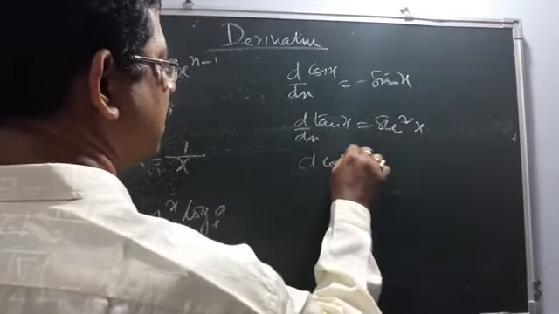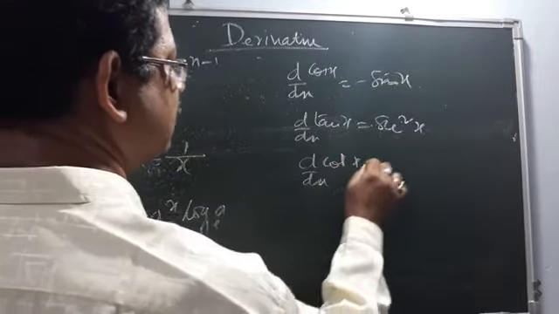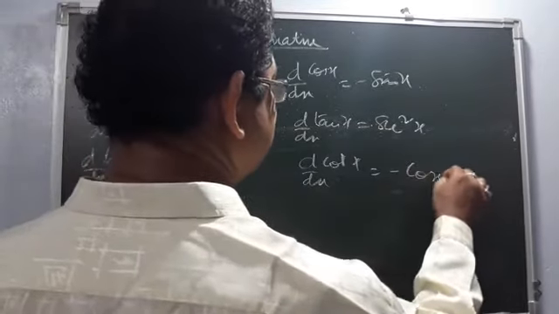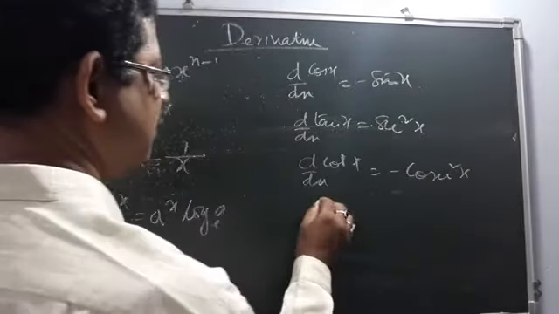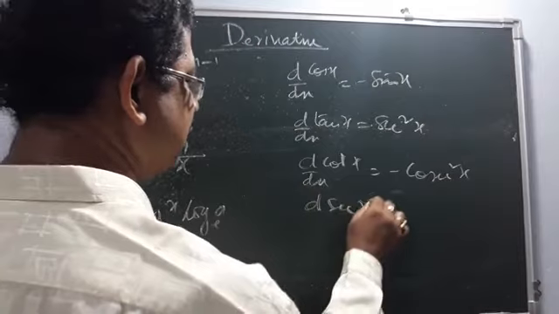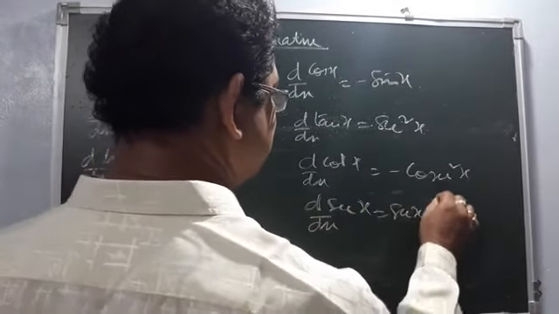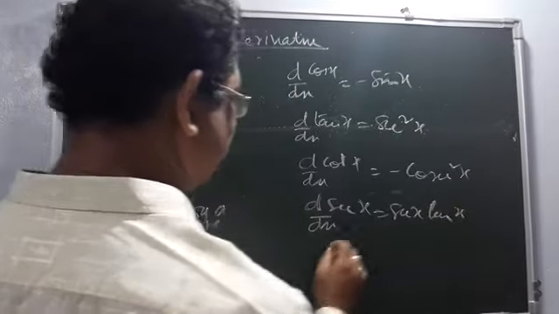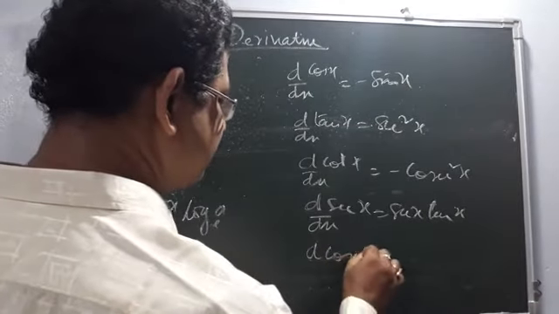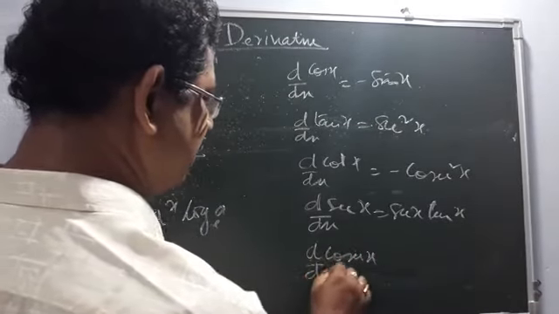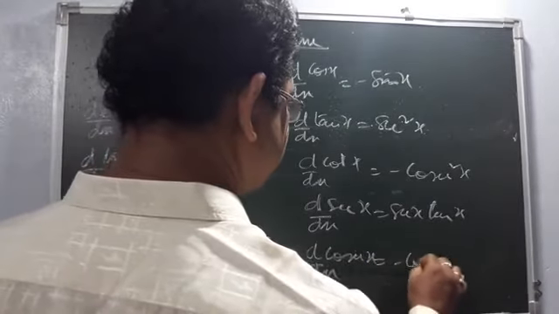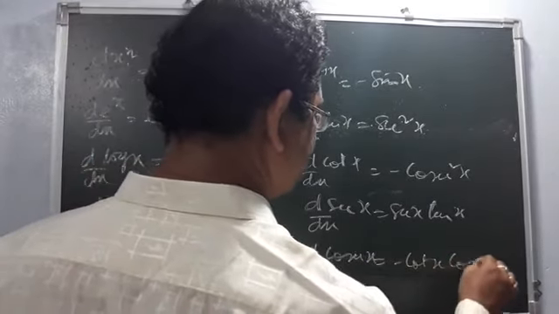Differentiation of cot x is minus cosec square x. Differentiation of sec x is sec x tan x. Differentiation of cosec x is minus cot x cosec x.